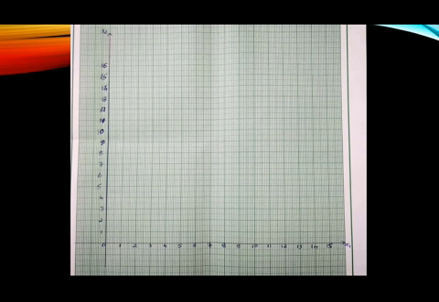Take a graph sheet and mark the axis. How do you mark the axis? It will be marked in such a way that your first quadrant is wide open. Second quadrant I don't need, third quadrant I don't need, fourth quadrant I don't need.